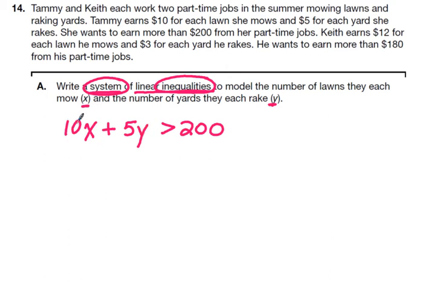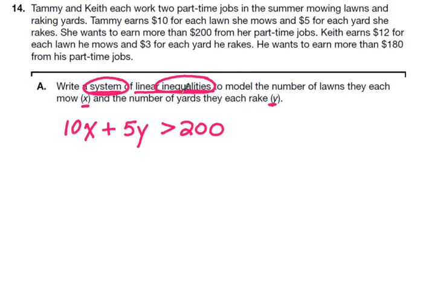So 10 times x and 5 times y gets the amount of money that she would earn, and you add those two amounts together, and she wants that to be larger than 200 because she wants to earn more than $200. The symbol is just a greater than. For example, if she wanted to earn at least $200, then the symbol would be greater than or equal to 200, because she'd be okay with earning exactly $200.